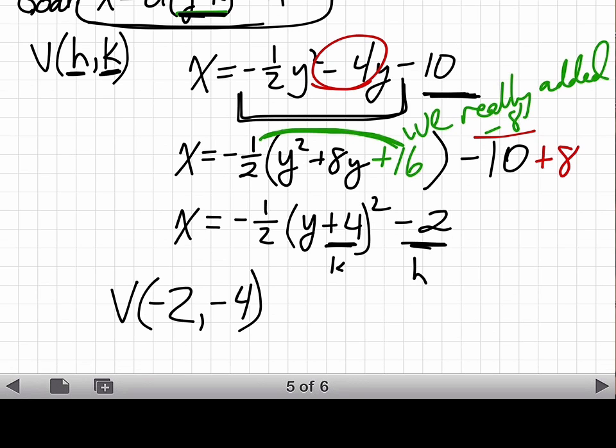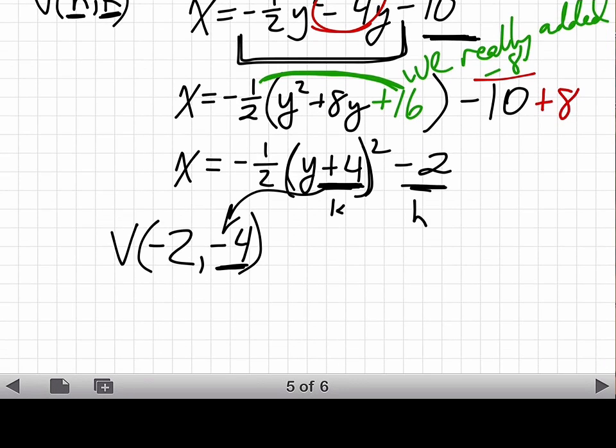I know it's weird to try to switch it up like that, but just remember the number with y is the y coordinate, and anything inside parentheses leads to a sign change. Okay, we can also write down that a is negative 1/2. Remember that a is 1 over 4p, and so we've got that p is negative 1/2 as in the second example.